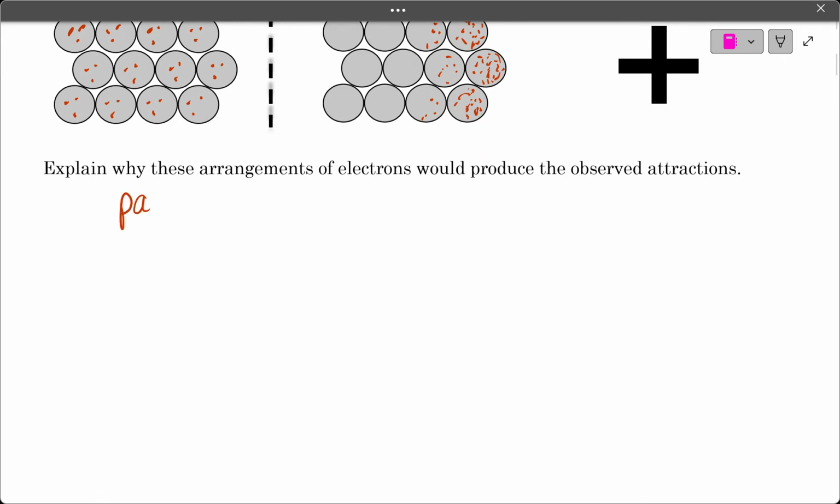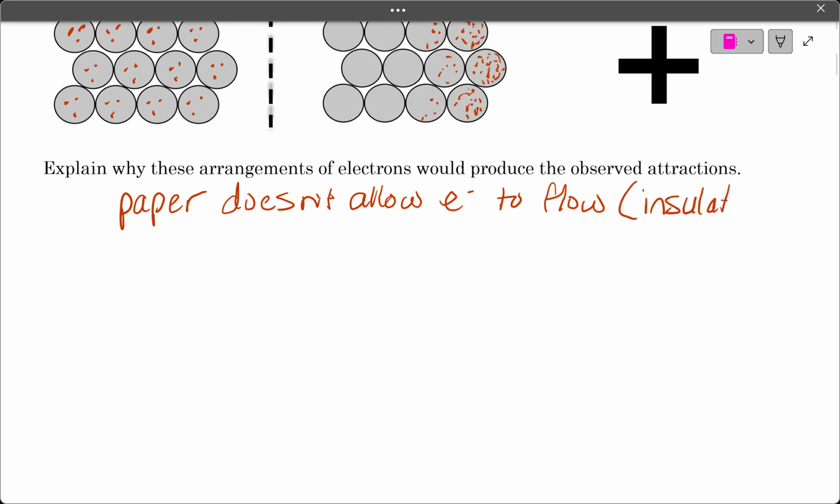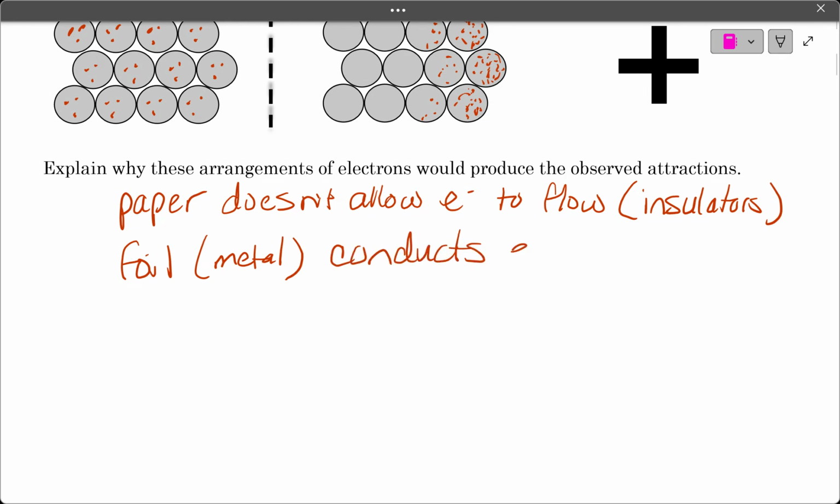The paper doesn't allow the electrons to flow. They are insulators. But the aluminum foil, being a metal, is a very easy conductor, I'll say conducts electrons easily.